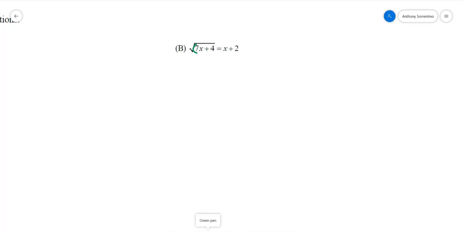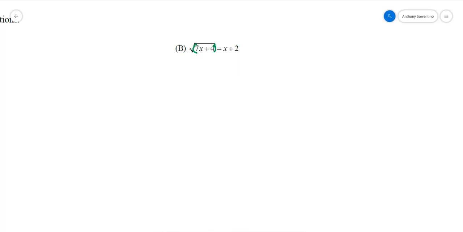This is also acting as a parenthesis. And we all know I can't move anything from outside of a parenthesis inside unless it's all I have. This square root would have to be dealt with and made to go away before I can even possibly combine any terms and things of that nature.